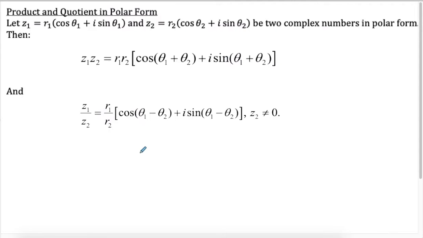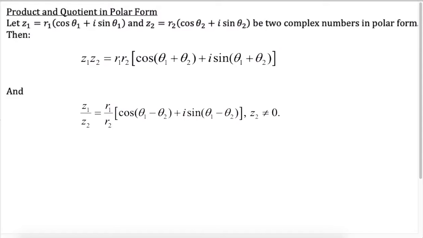If I am dividing these two complex numbers, I'm going to divide my two r values on the outside, but then I'm going to subtract the angles on the inside. Okay, and we do have to specify that z2, whatever our denominator is, can't be 0, because then that would lead to not a real number, or not a number at all.